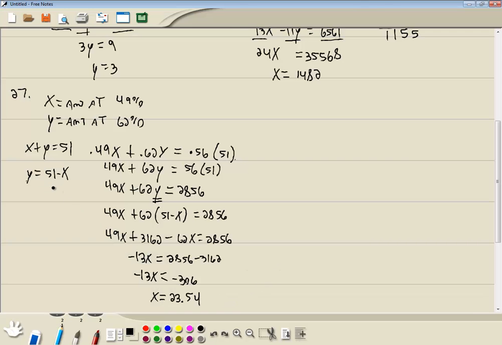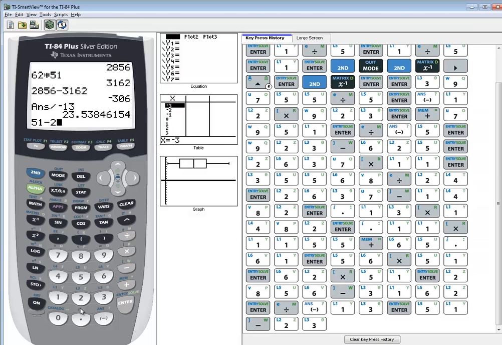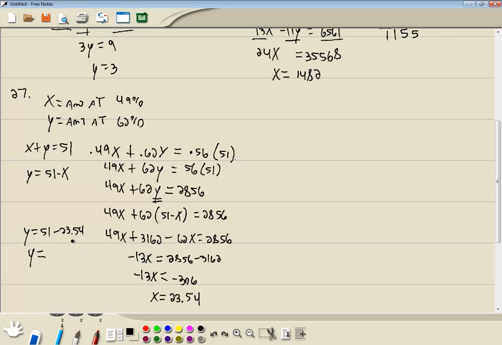Okay, now y is equal to 51 minus x. So we got 51 minus 23.54. So 51 minus 23.54, 27.46.